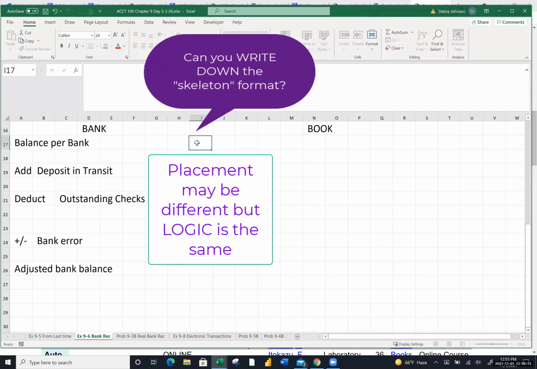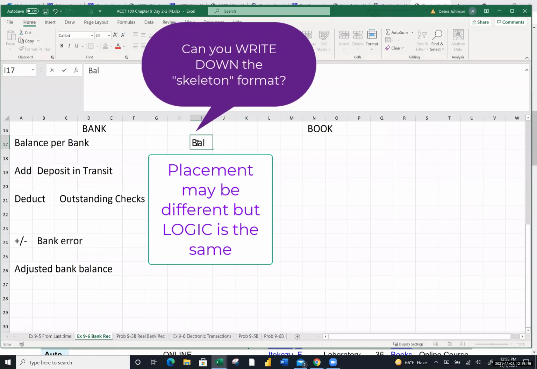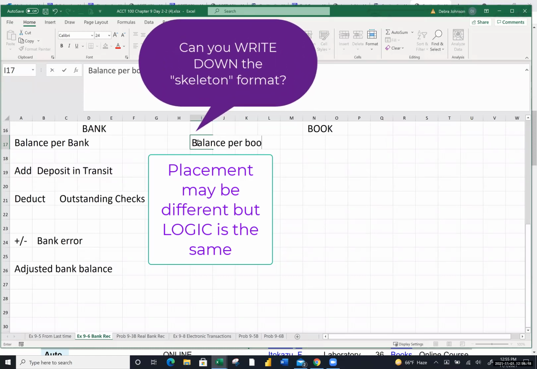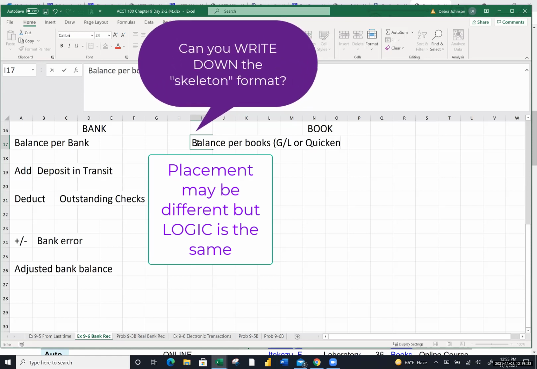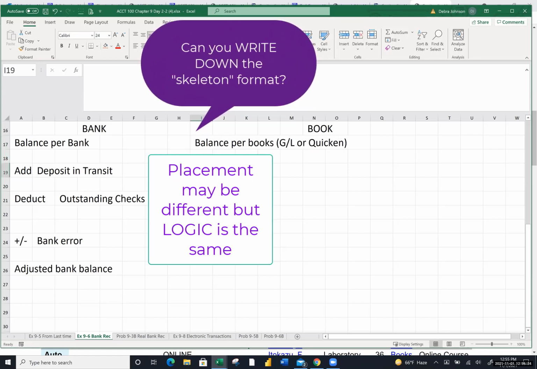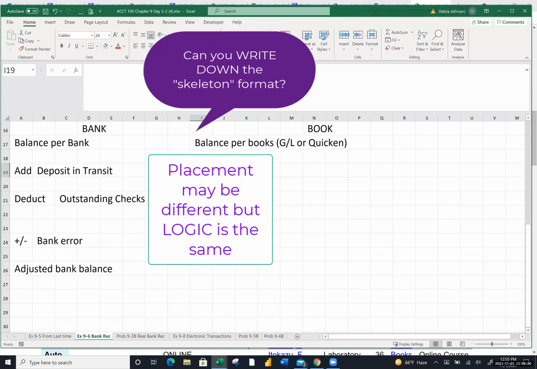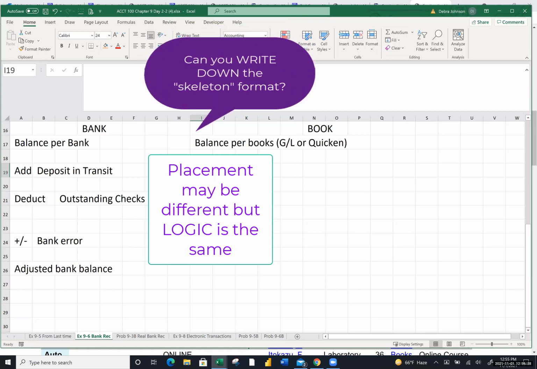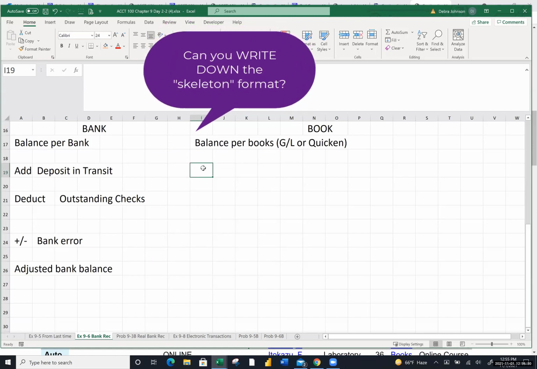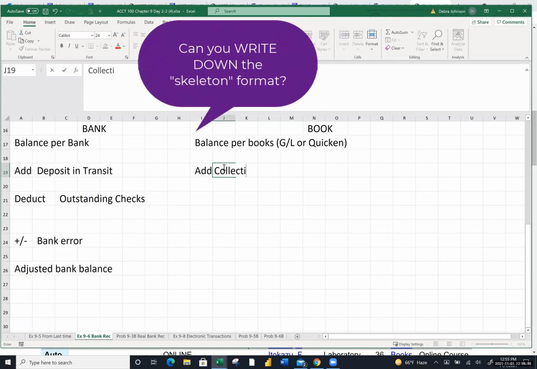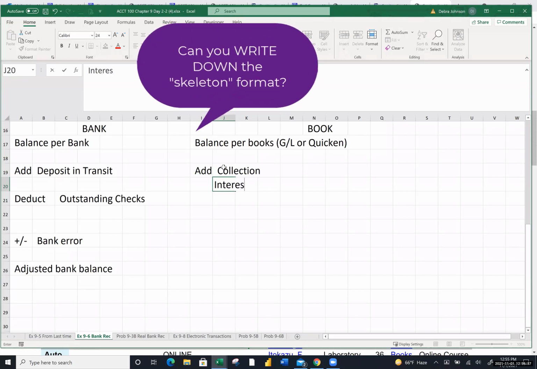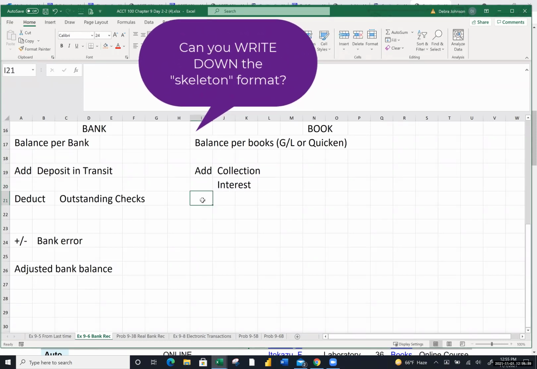And then on the book side, I'm going to start off with the balance per the books. This could be a general ledger. It could be Quicken, it could be QuickBooks, whatever you are using to keep track of your cash. On the book side, you've heard me say this before, I don't hardly ever have adds, but it's possible there may be a collection. There may be that penny or two of interest.